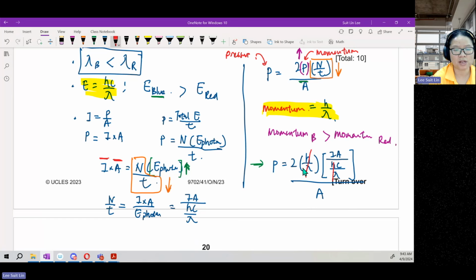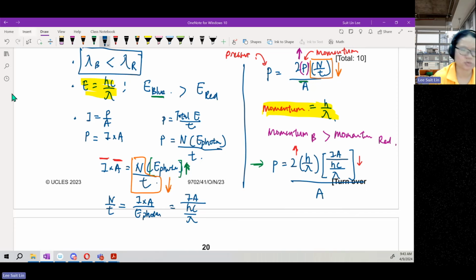That's why although lambda decreases, this one increases, the number still stays the same. So these two will cancel.